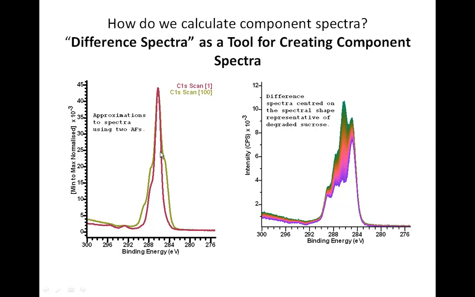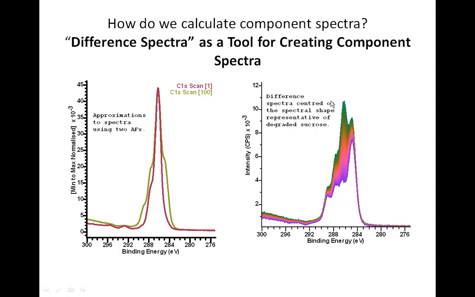As part of this calculation, we will see spectra that look very much like sucrose, and that's an easy solution for us because we have an idea of what sucrose ought to look like. However, for the degraded form of sucrose, it's not clear what that spectrum ought to look like.